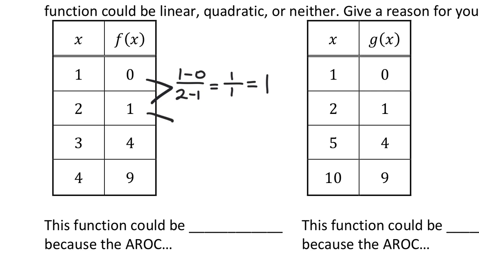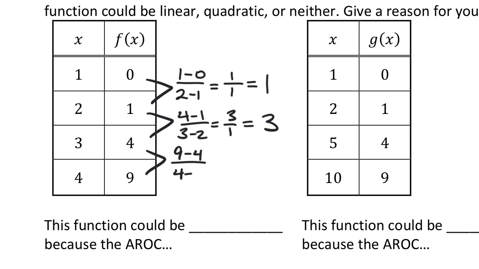Okay. The next interval would be 4 minus 1 over 3 minus 2, which is 3 over 1. That means that this is 3. The average rate of change between 3 and 4, we would calculate by doing 9 minus 4 over 4 minus 3. That would be 5 over 1, or 5.